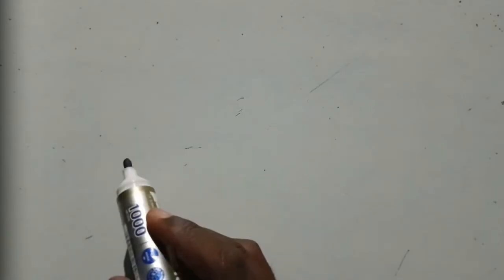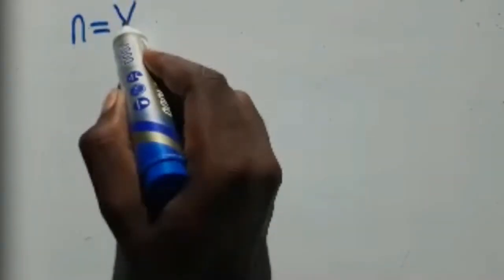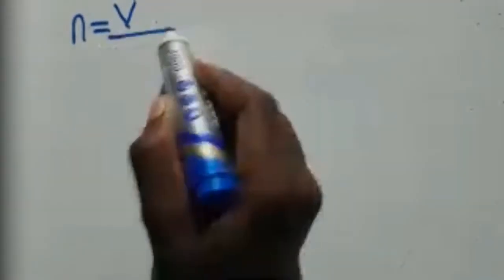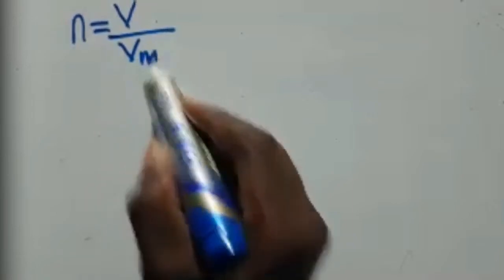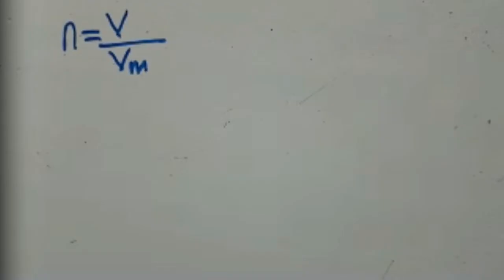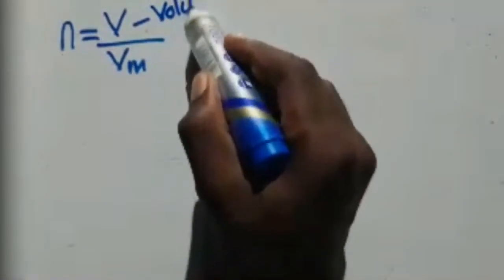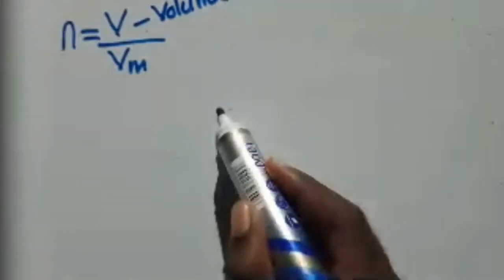The other formula that we discussed is for the volume of a gas, where I said there is this formula that we get to use, where number of moles is equal to volume over molar volume. This is another formula that I gave. This is the volume given, which you'll be given.